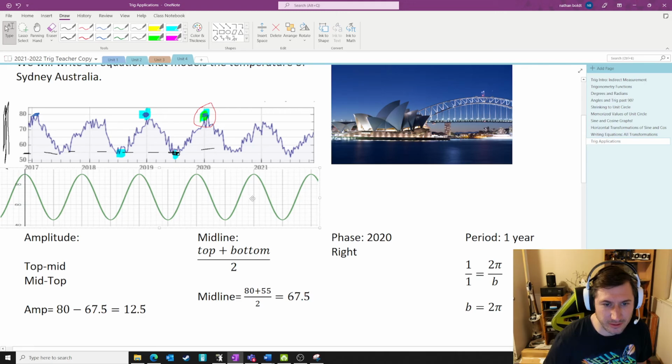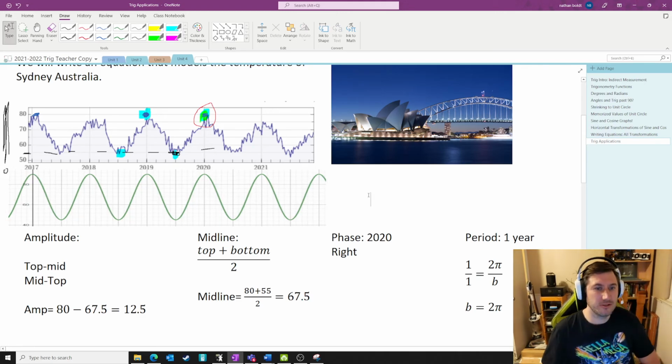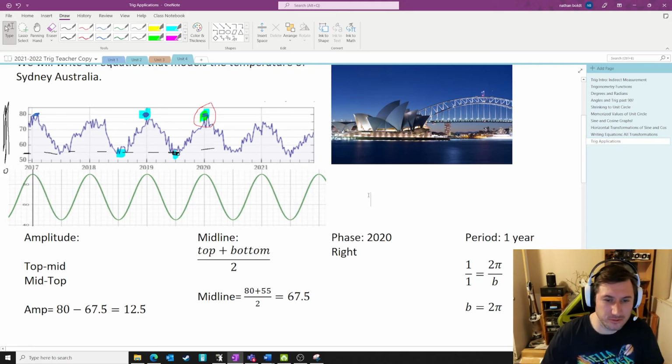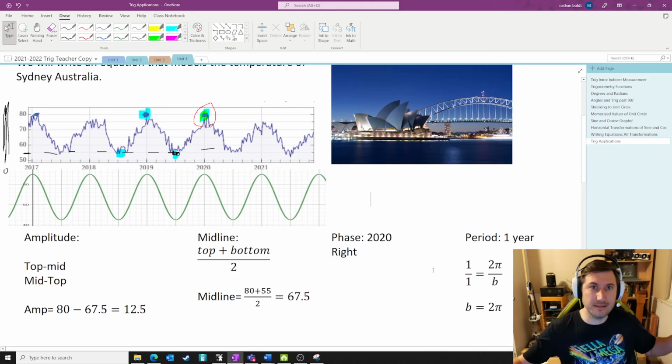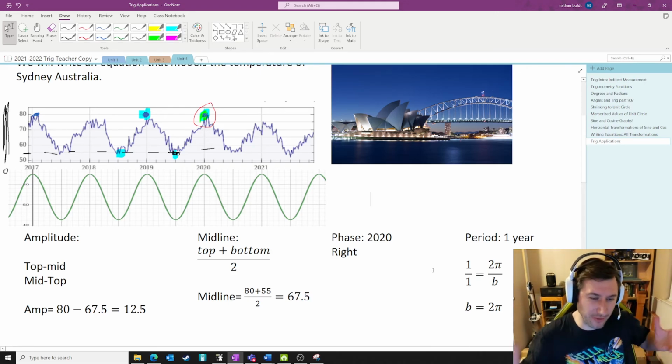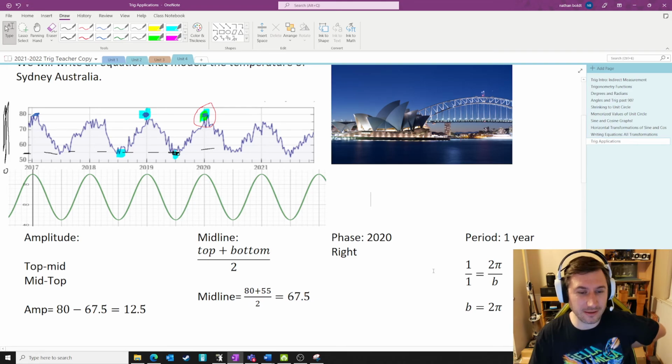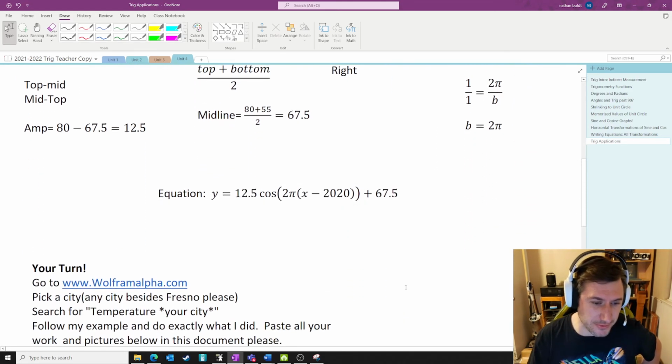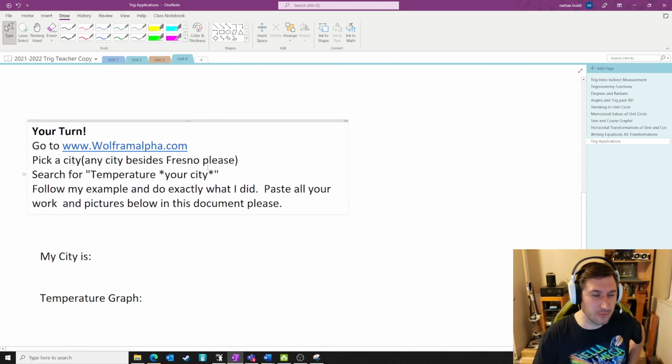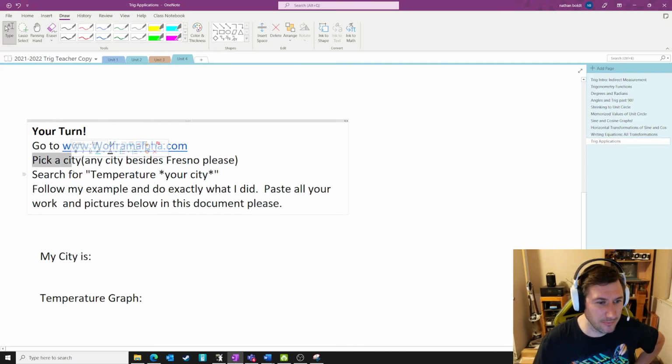All right, so that is what I want you to be able to do. You are going to pick a city, any city, except Fresno. Don't pick Fresno. Everybody would pick Fresno otherwise. Pick something else, all right? Almost anywhere in the world. You're going to go to wolframalpha.com, type in temperature and the city name.